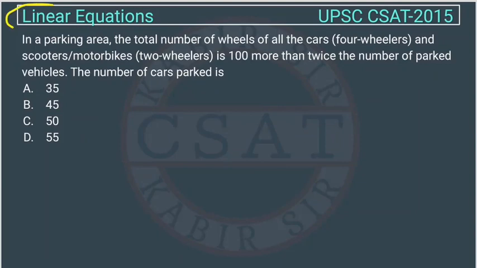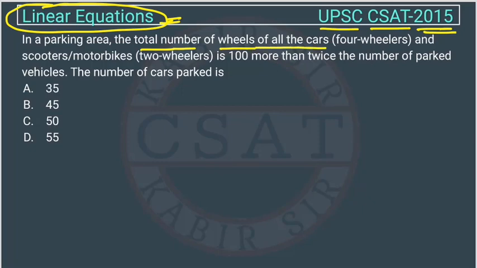This is a type of linear equation question asked by UPSC in their CSAT paper of 2015. In a parking area, the total number of wheels of all the cars and scooters is 100 more than twice the number of parked vehicles.